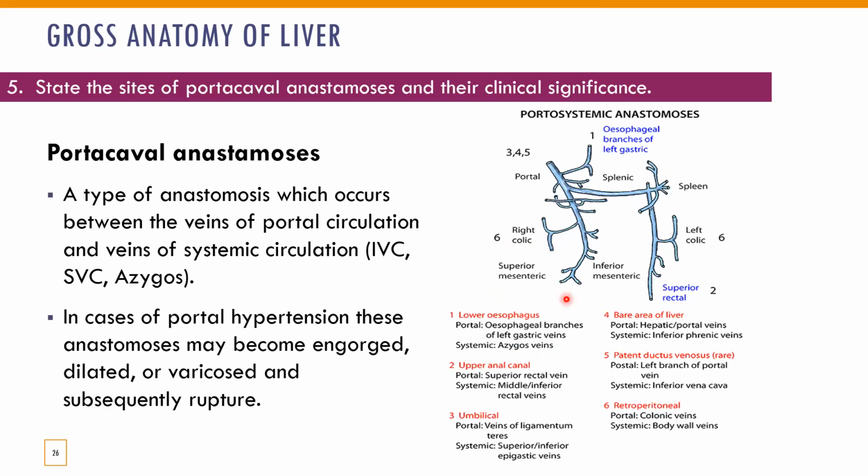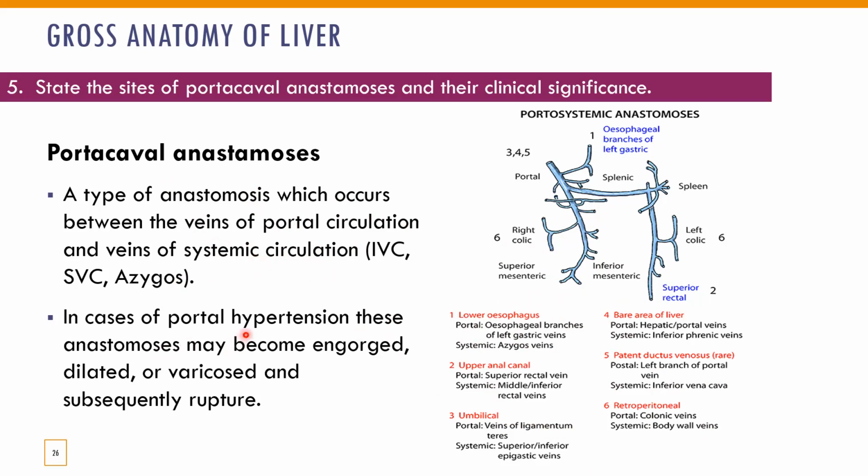Portal caval anastomosis is a type of anastomosis which occurs between the veins of the portal circulation and the veins of the systemic circulation. So they anastomose directly between the portal circulation and the veins of the systemic circulation. We have many places in the GIT that have this portal caval anastomosis.